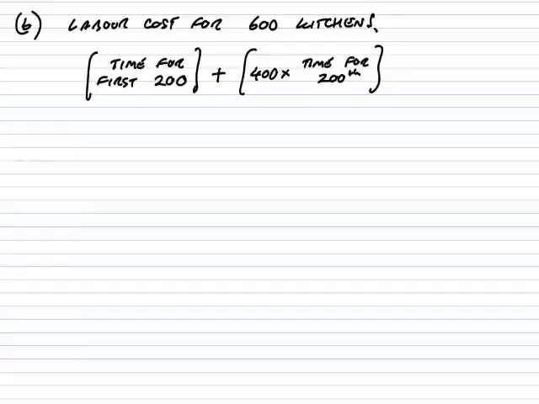How long does number 200 take? Well, let's apply the learning. Let's work out the time for 200. I'm going to work in hours. I'll cost out at the end. Well, remember, learning will never give you the time directly, but what it'll give you is the average time. To make 200, it'll be 200 times the average time per unit.